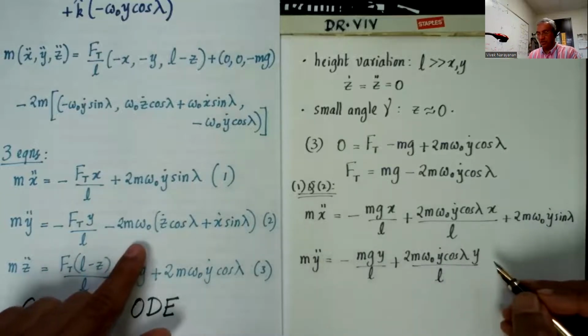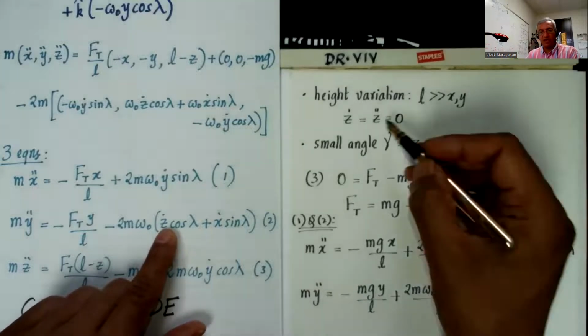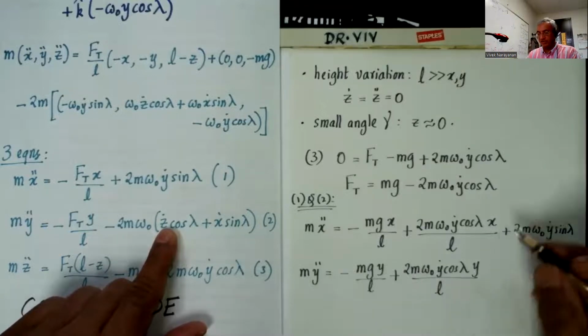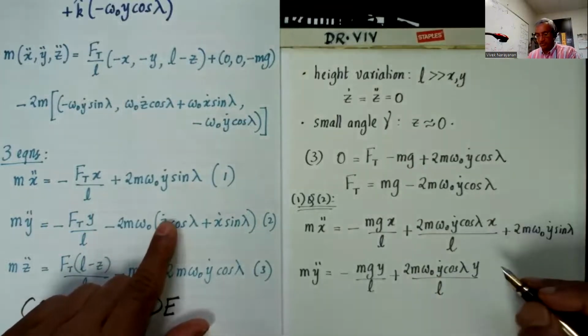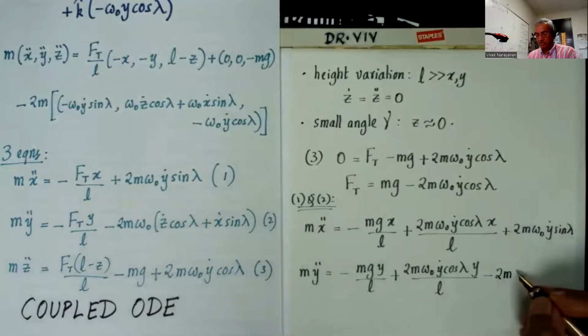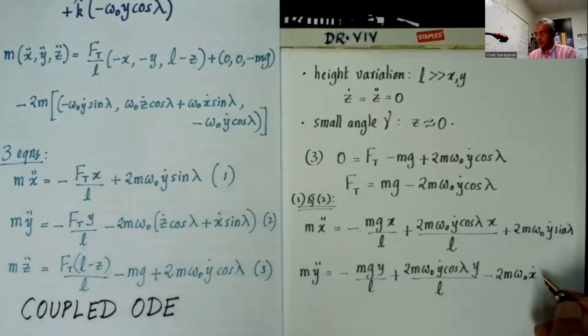And then this, I neglect z dot because of my assumption that height variation and height velocity and height accelerations are 0. So z dot goes away, and I just have negative 2m omega naught x dot sine lambda.